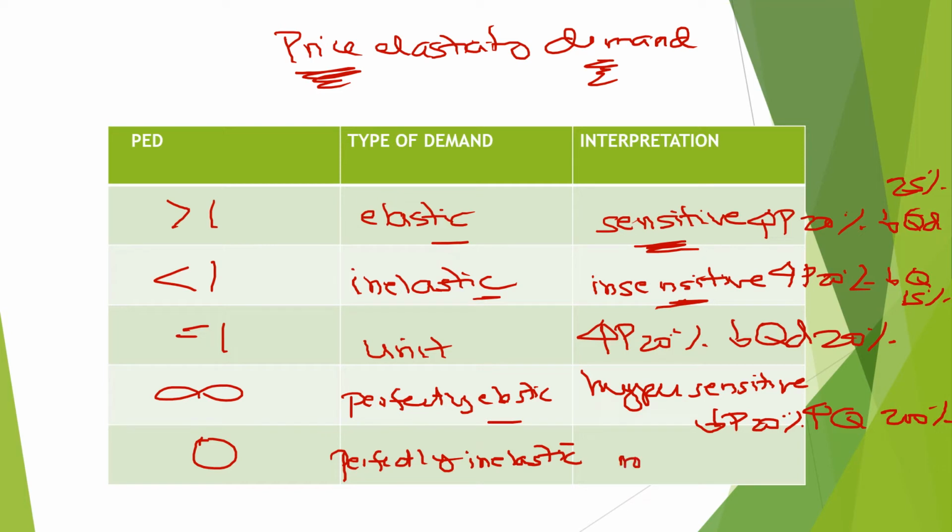So not sensitive at all. Example, you increase the price by 20% and we expect Q to go down, but the Q did not go down. It also did not go up. The Q remained as is. So the quantity demanded did not change following a change in the price. Even if the price decreased, the Q still remained as is. So there is zero change. So that is a perfectly inelastic demand.